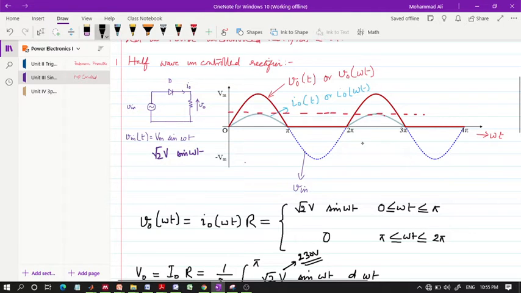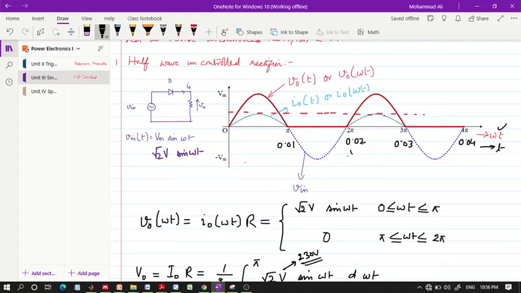Let me write it down for you. This will be 0.02, this will be 0.01, this will be 0.03, 0.04. So what is the benefit of writing in terms of omega t? The thing is that we are not concerned about the frequency right now. If it is a 60 Hz supply, then the value of 2 pi will be different.